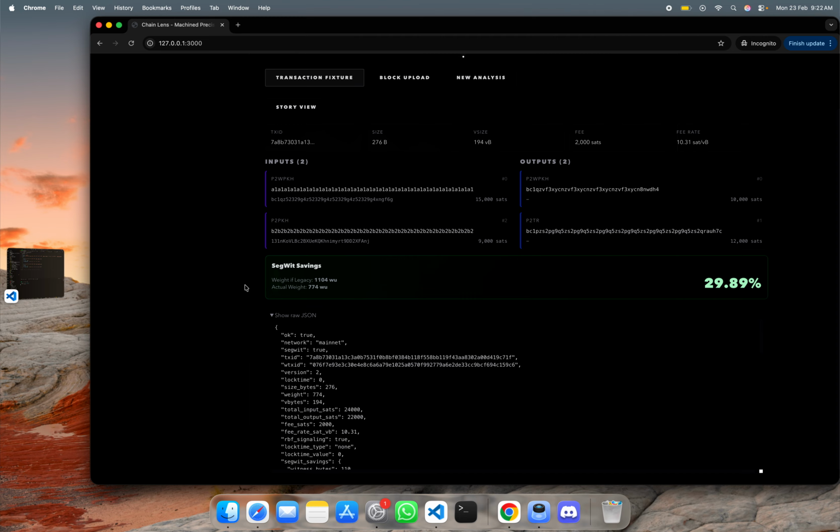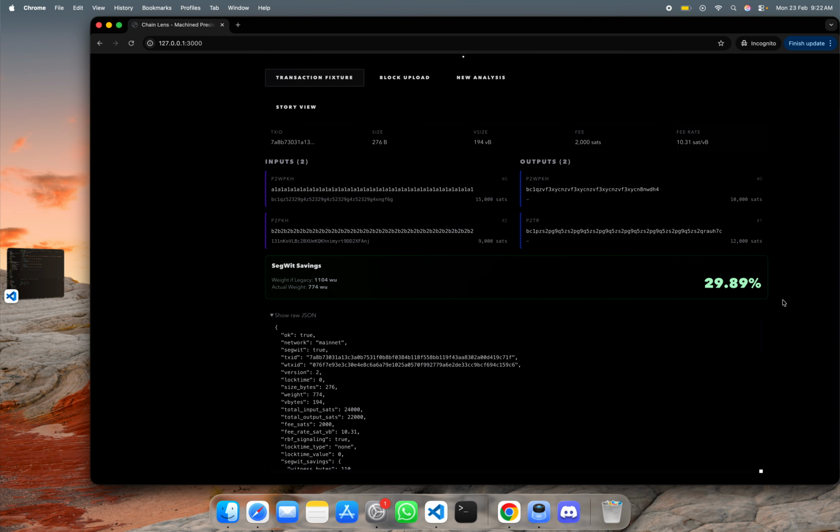Actual weight 774 WU, so SegWit savings equals 1104 minus 774 divided by 1104, equals 0.2989. If we convert it, that is 29.89%. Got it? It means moving signature data into the witness reduces the weight by 29.89% compared to the equivalent legacy, meaning the non-SegWit serialization.